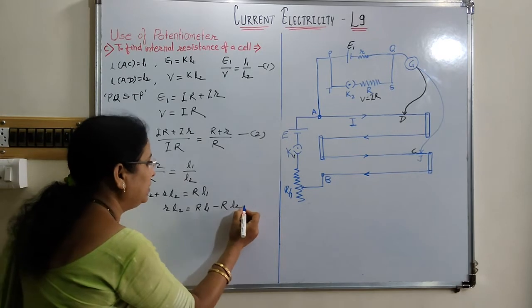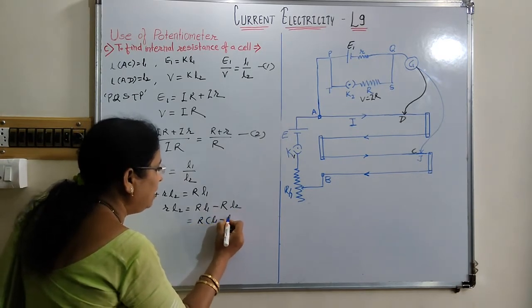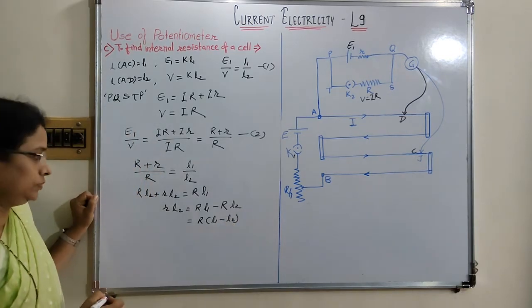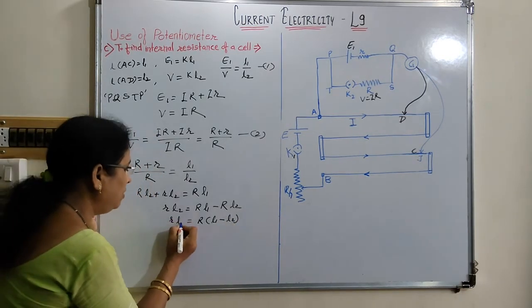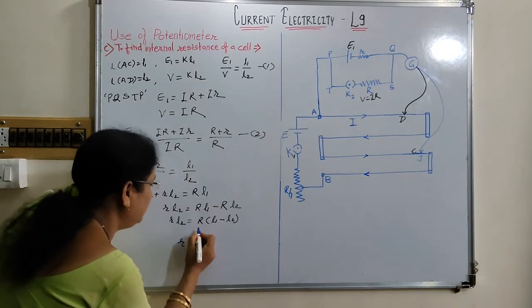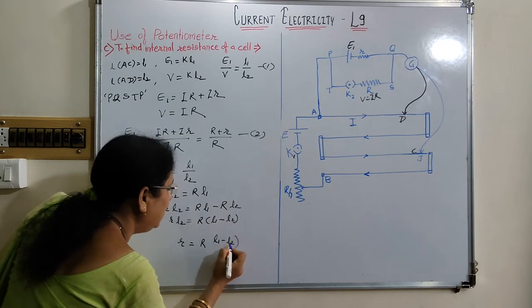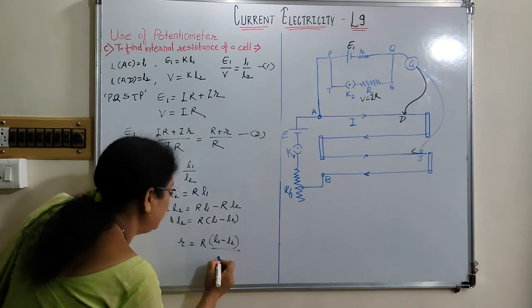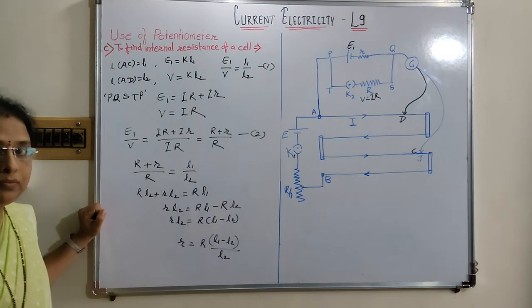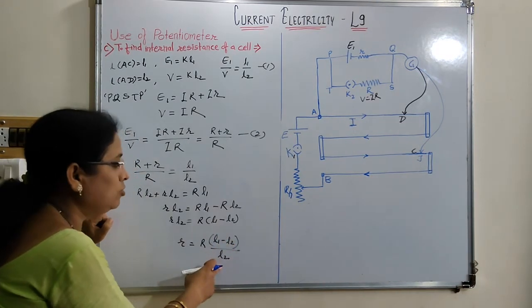So we get R common, and in bracket we can write L1 minus L2, and here small r into L2. So now we can say small r is equal to capital R in bracket (L1 minus L2) upon L2.